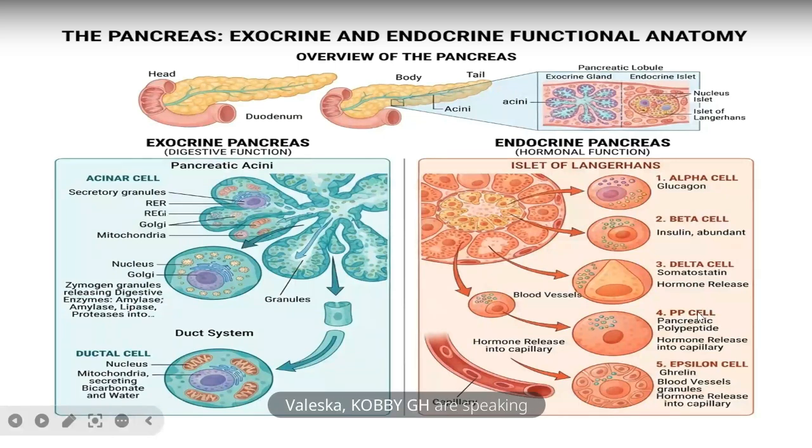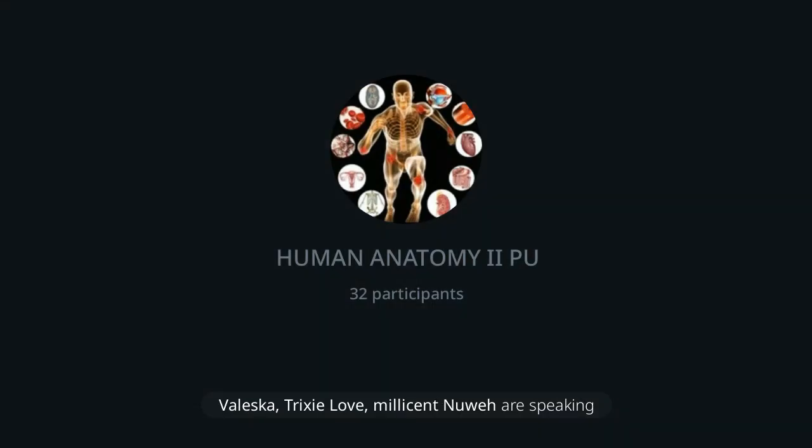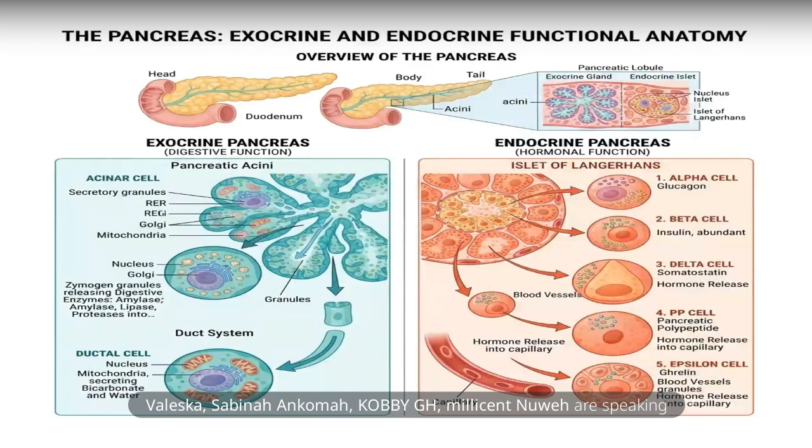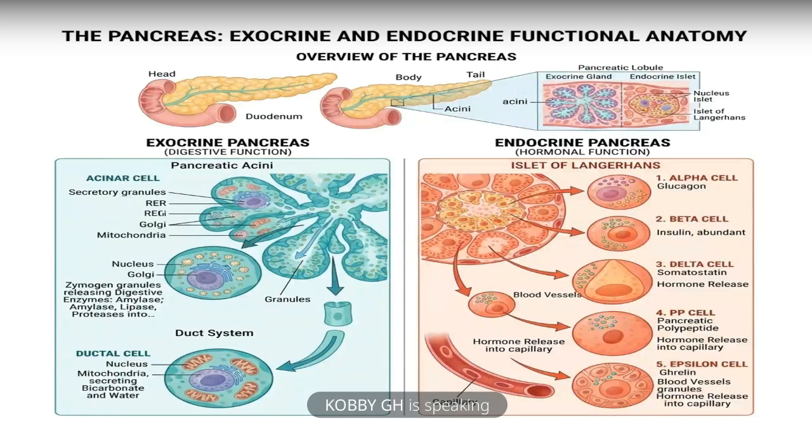PP cells produce pancreatic polypeptide. Epsilon cells produce ghrelin. Now let's do a simple exercise.